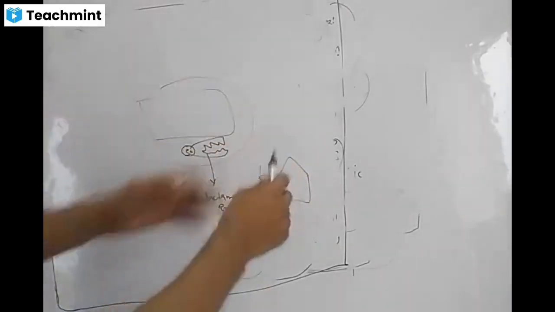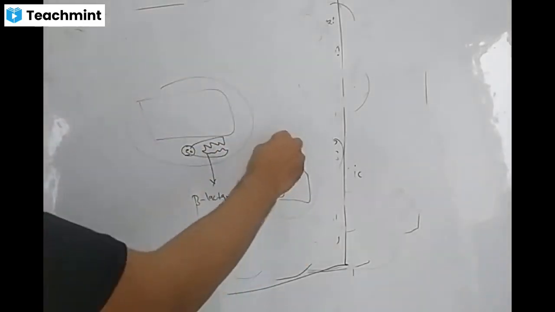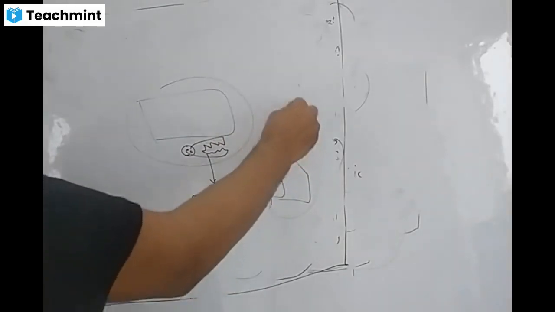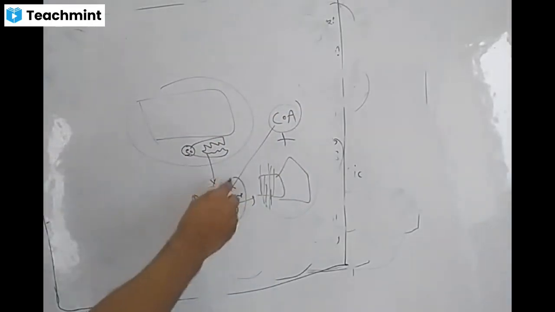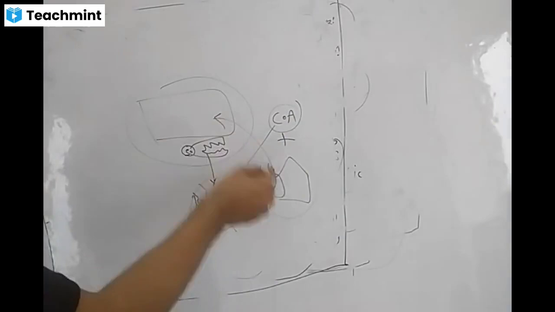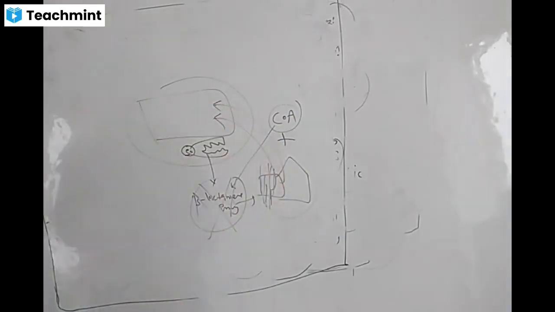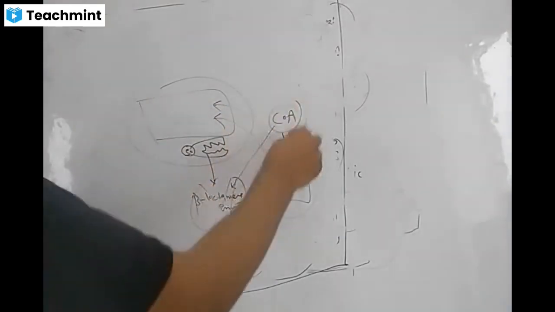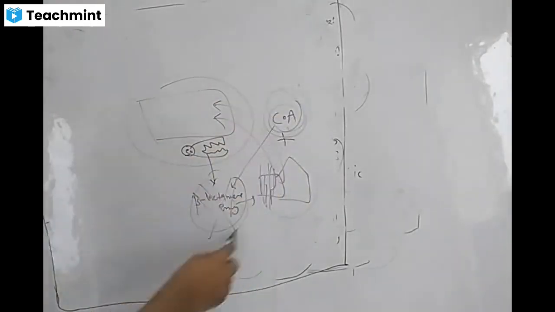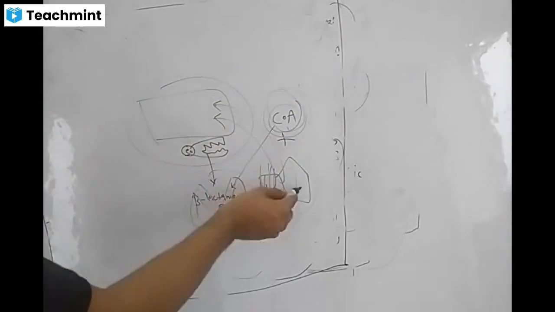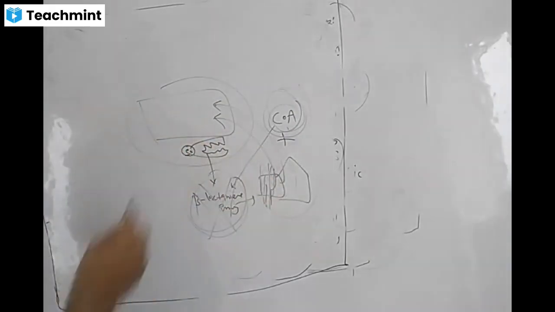So along with the beta lactam, we started giving clavulanic acid. This clavulanic acid inhibits this enzyme and our drug will work, kill the bacteria. So this is amoxiclav: clavulanic acid inhibits the enzyme and still our drug is working.